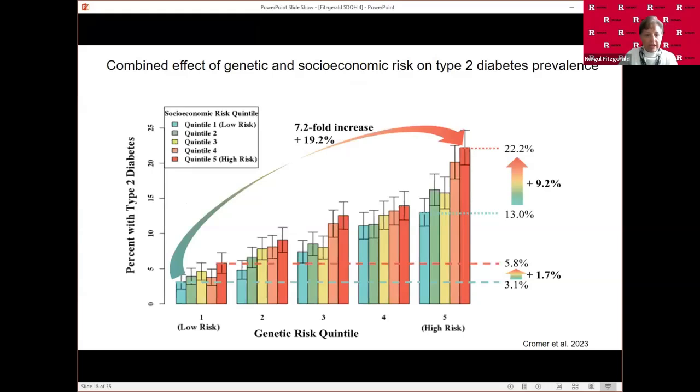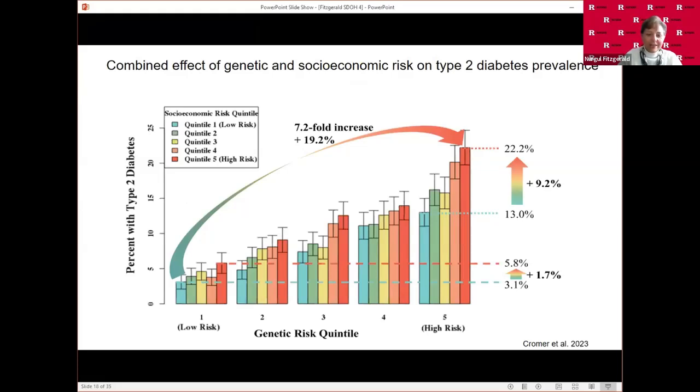Another way to look at it, this is from the Cromer paper, they look at a similar kind of thought. They wanted to look into the combination of genetics, because diabetes prevalence can be influenced by genetic factors and family history of diabetes, which may or may not always be about genetics.